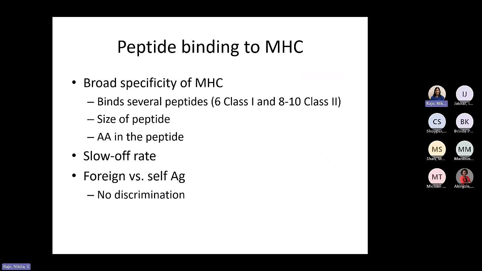Once it's bound to that MHC molecule, that peptide stays there for a little bit, so the off rate is pretty slow. Depending on the size and the amino acids in that peptide, it doesn't matter if it is a foreign peptide or a self antigen. As long as it has those requirements of the type of amino acids and the size of the peptide, it will be able to bind to the MHC.